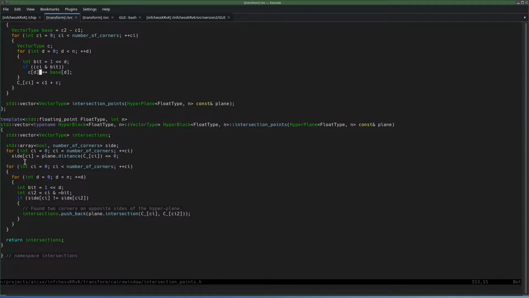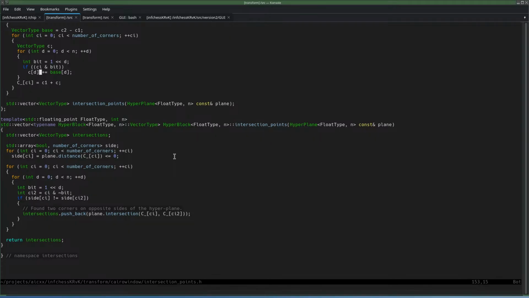Here we do determine something related to the direction of our line. Namely, each corner here is marked by index, on which side of the hyperplane they're on. Apparently this boolean here is set to true if the distance is negative.